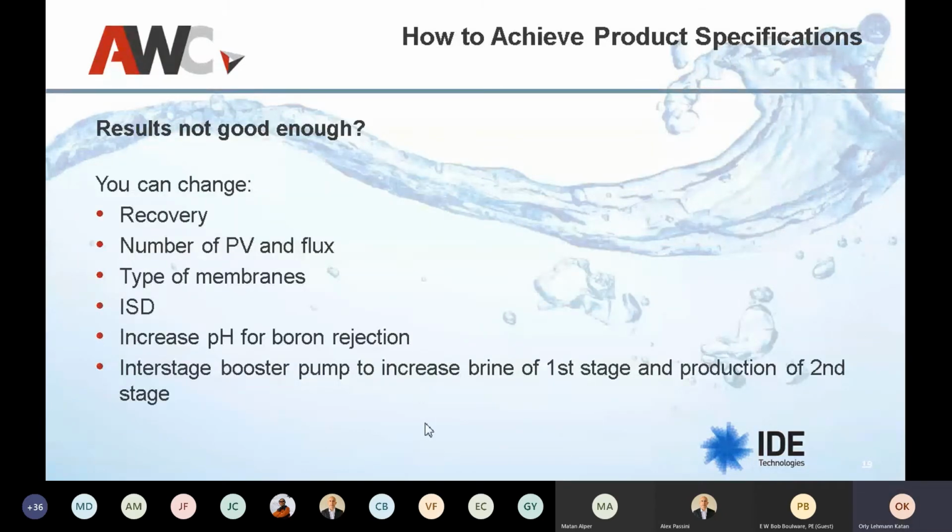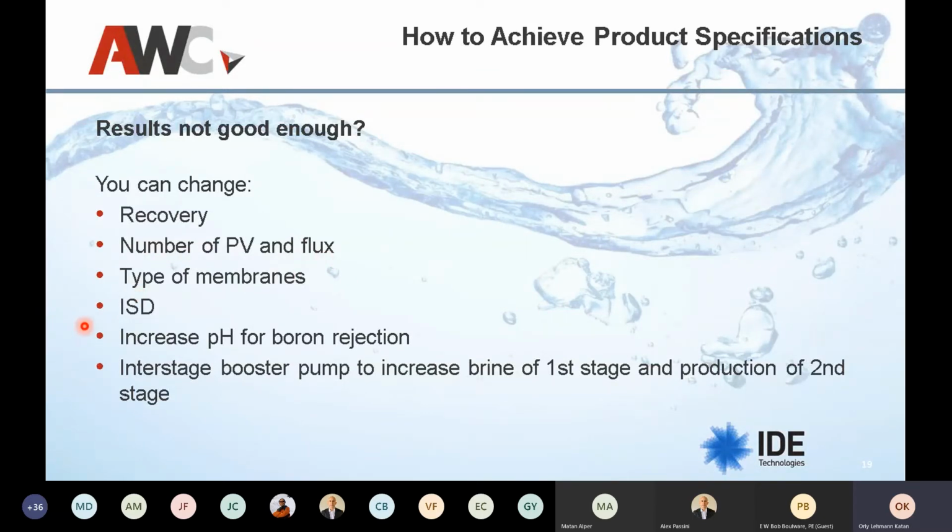So how can we take all this and do the best to design the best plant we can, meaning we want the good water quality, the low energy, and low chemical concentration if we can. We can basically affect all of these by influencing the recovery, the number of pressure vessels, and determining the flux, the type of membranes we choose.